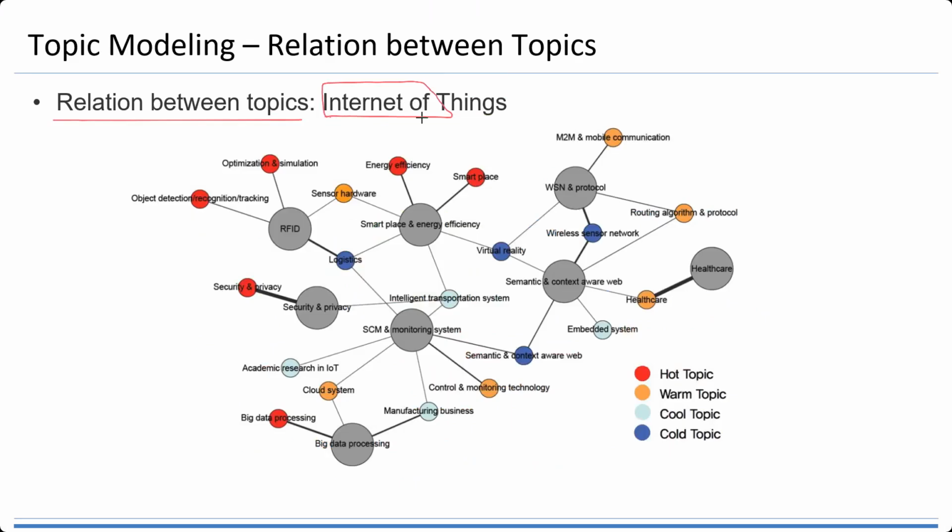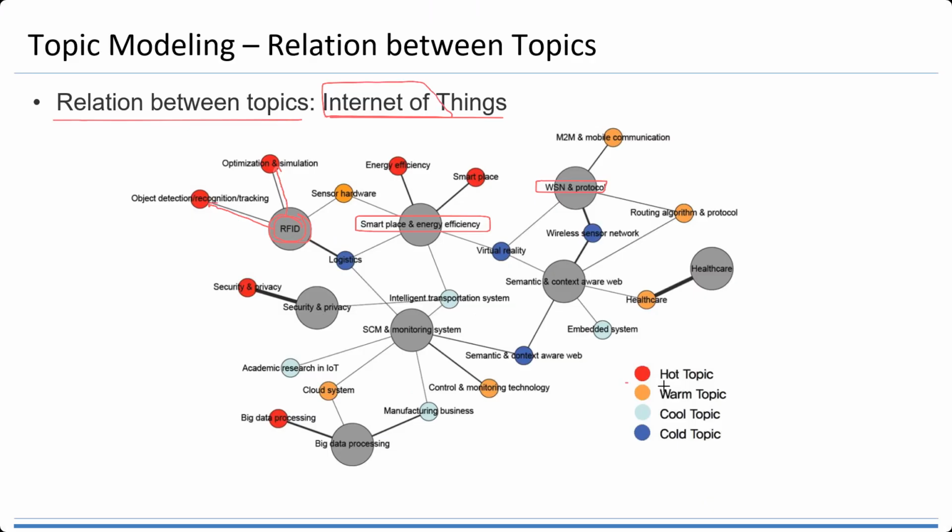In terms of Internet of Things, we can see a topic about RFID, a topic related to smart place and energy efficiency, and another topic related to WSN and protocol and so on. If it is related to RFID, it has some keywords like optimization and simulation, object detection or recognition or tracking, and so on. And we can also look at the frequency.